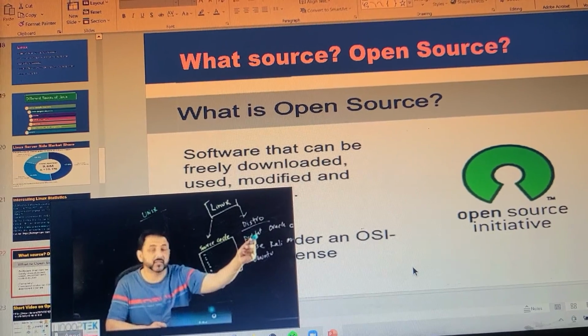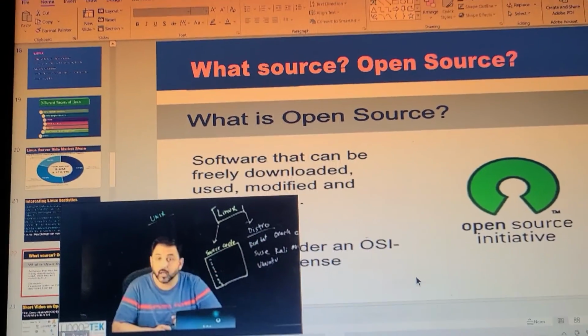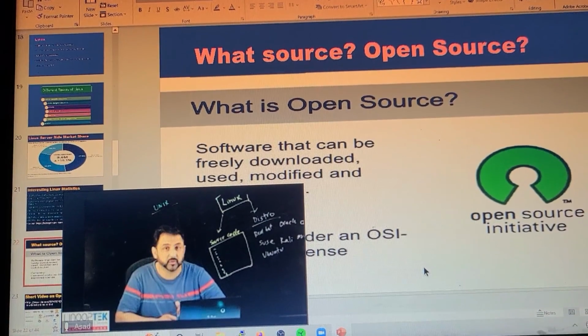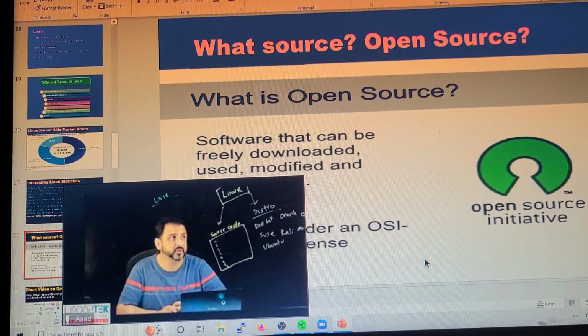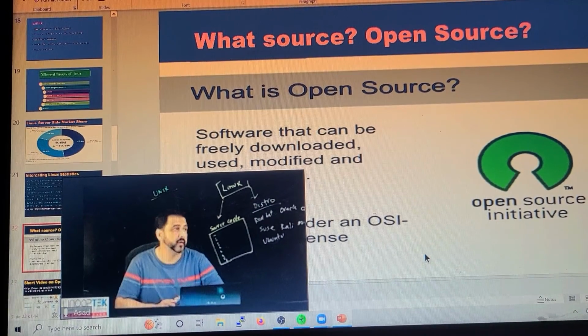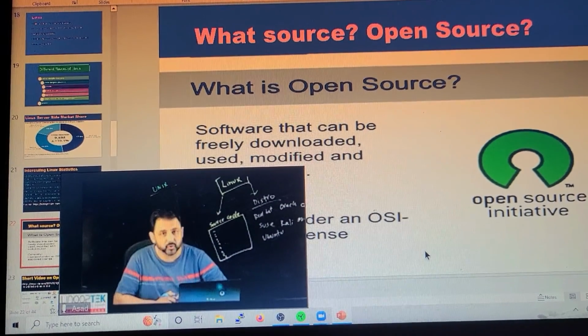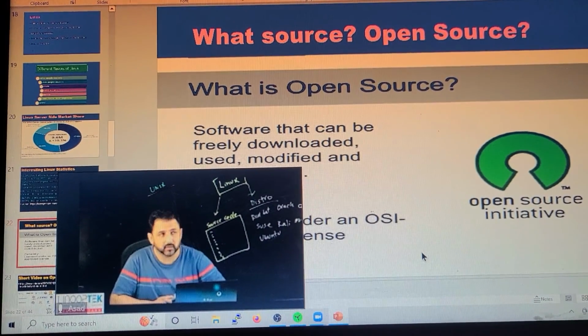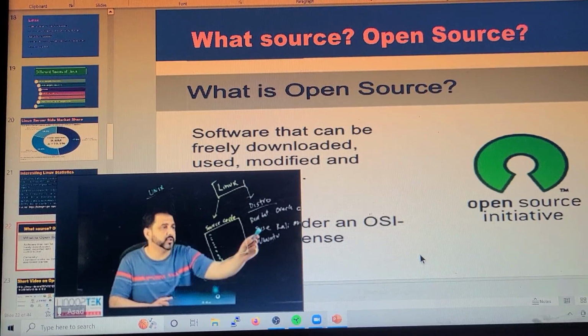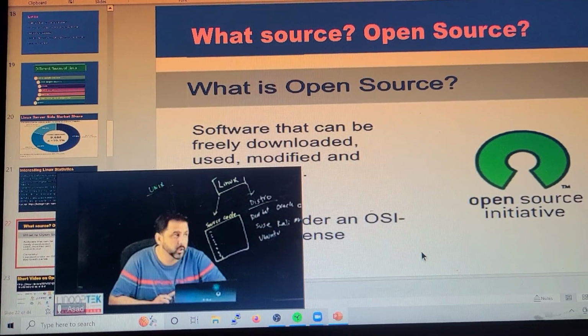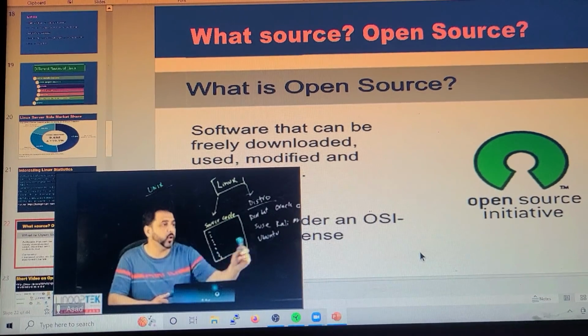So Red Hat is a very popular operating system choice, or distribution choice, or flavor choice among companies in North America. But Oracle is also catching up. Oracle also has that market share. But in Europe, you'll see that they use SUSE a lot.